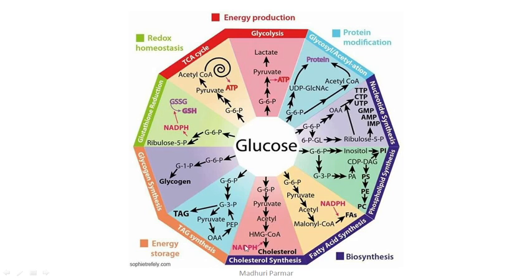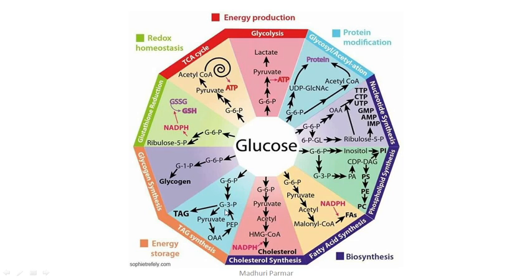Then in cholesterol synthesis, remember this, cholesterol can also be synthesized from acetyl-CoA. A lot of acetyl-CoA molecules will come together and form cholesterol. Clear? Triglyceride synthesis, I already told you, is from G3P.